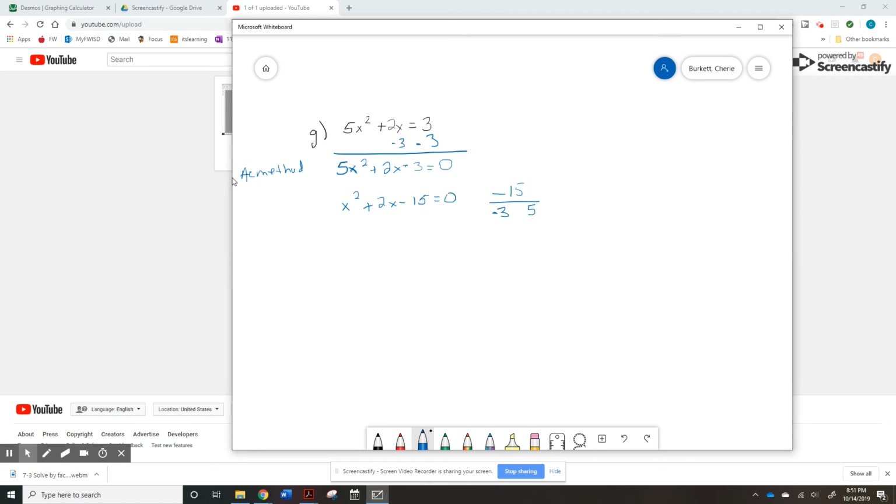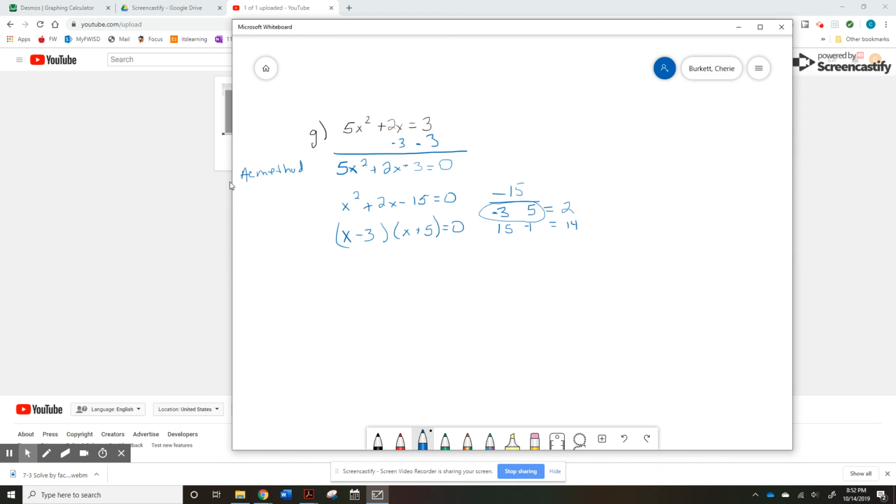Multiply those together, you get negative 15. Combine those together, and you get a positive 2. That's the one that I need. Of course, I could have also done 15 times 1, but 15 times 1, if you make that be a negative, that would give me a 14. This is the one that I need. So I'm going to use this pair. So it's x minus 3 and x plus 5.